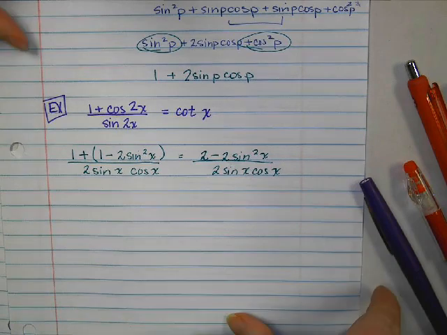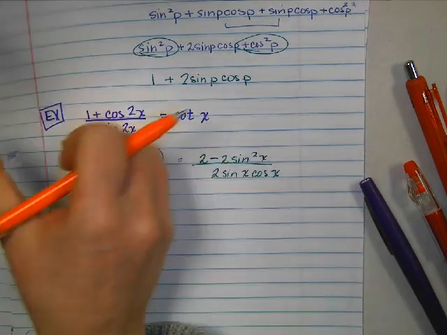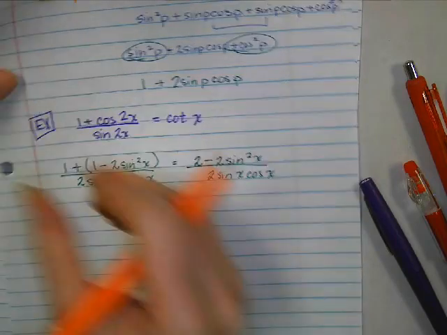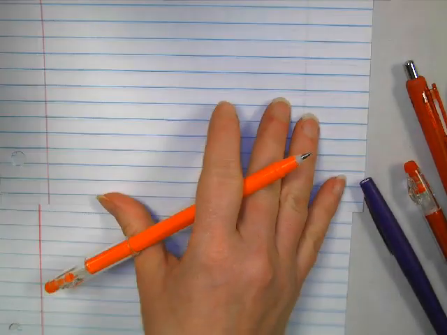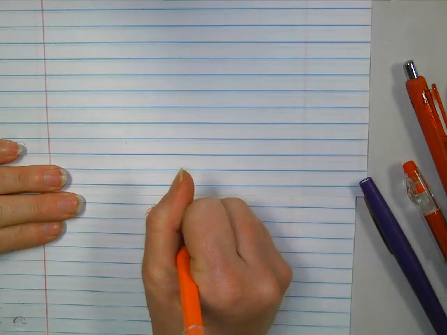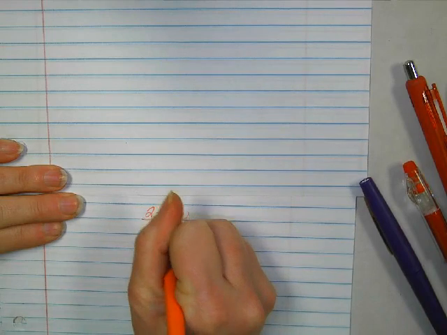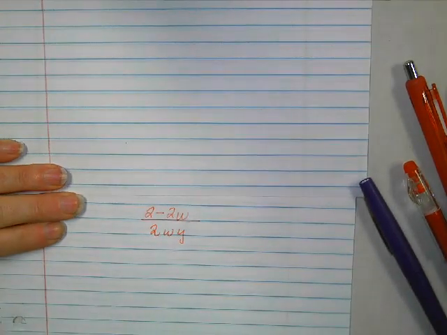But imagine that you were just looking at something like 2 minus 2w over 2wy. What would you want to do there, if the goal is to simplify?